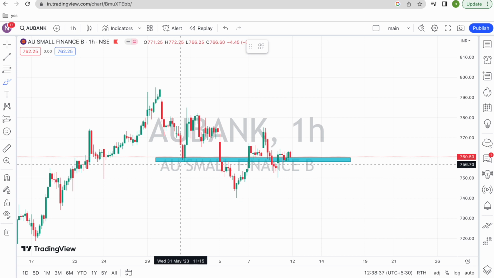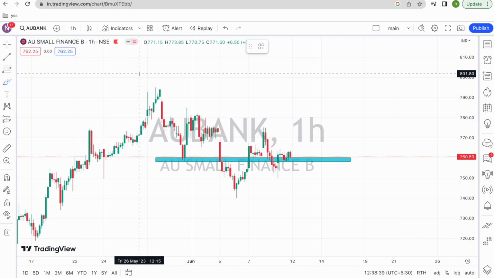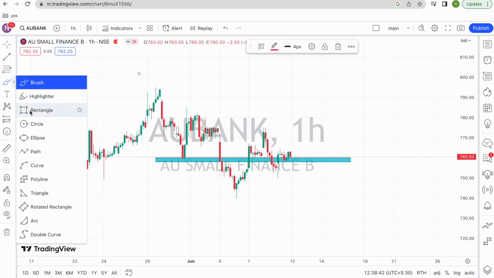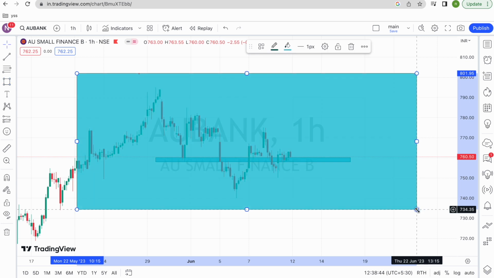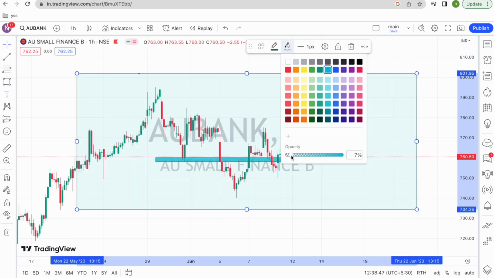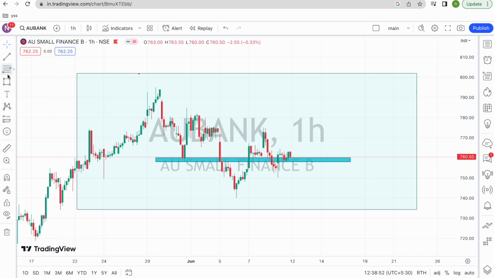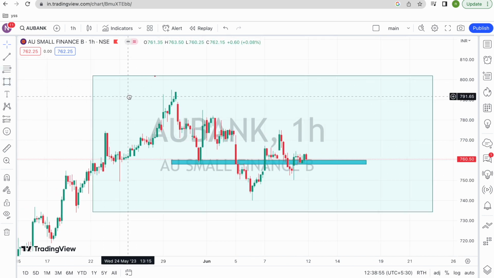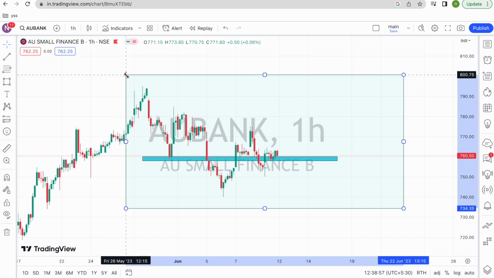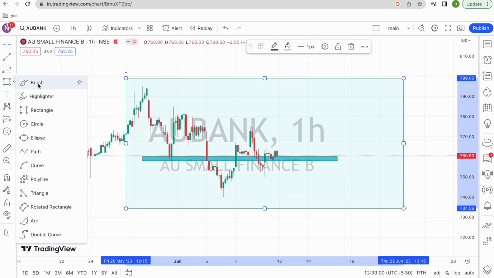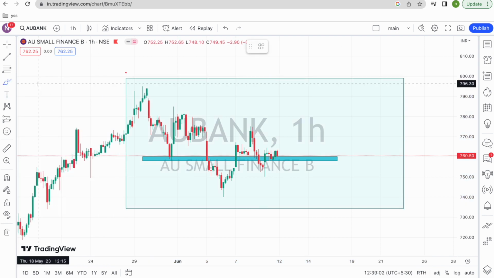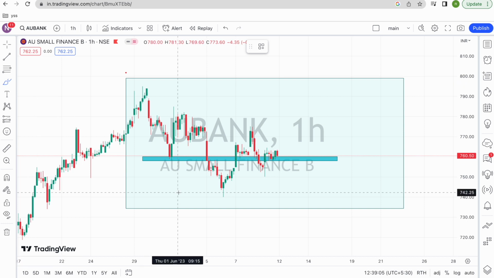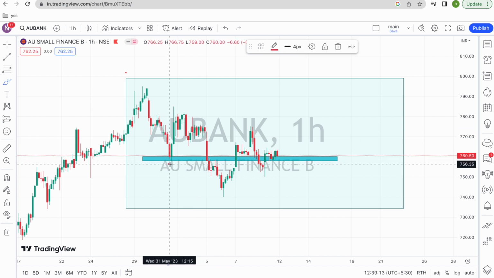But for now, if you look at this particular move over here, in this particular area, if I ask you to find the strong buyer strength, this can be at 2 points.